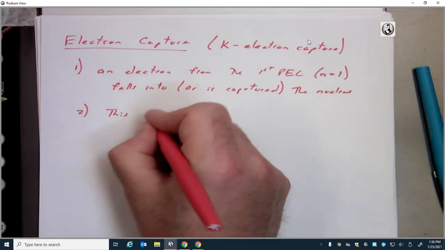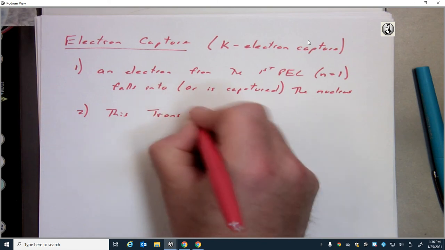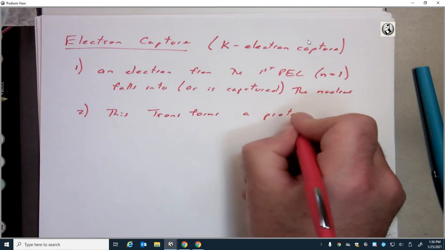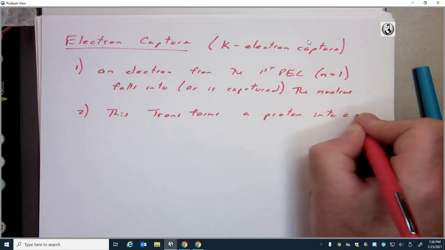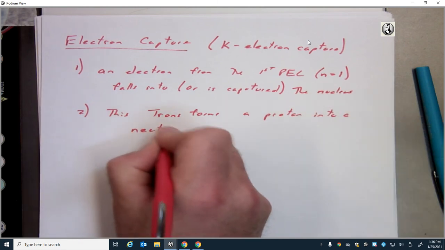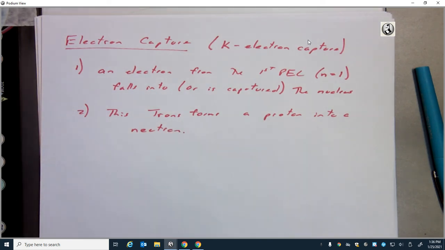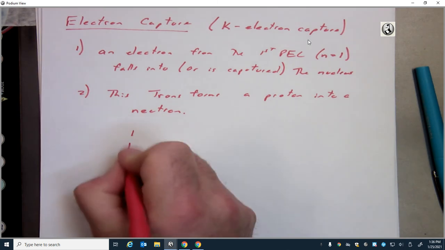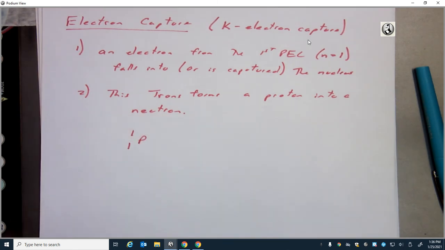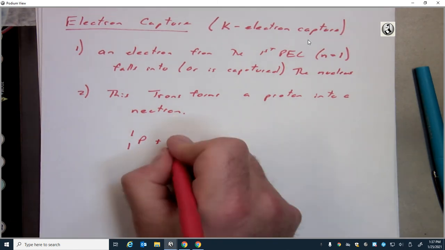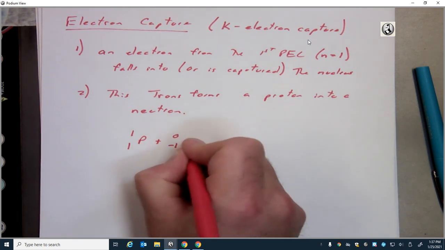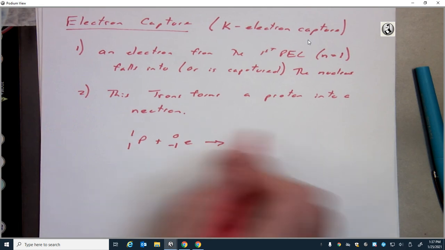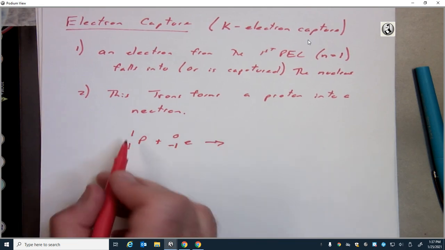This transforms a proton into a neutron. So what does that look like? Well, if we take a proton and we add an electron to it, remember this has to add up to this side, right?